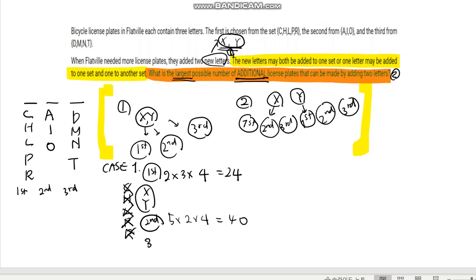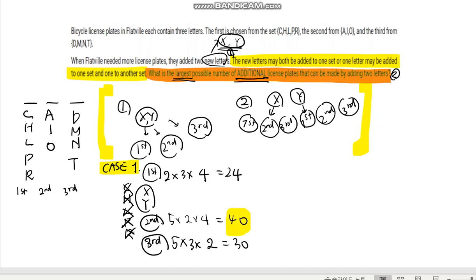And the third one: if XY have chosen to go to the third place, then it should be 5 times 3 times 2, so 6 times 5, therefore 30, right? So from case number one, the largest possible number of additional plates is 40, right?